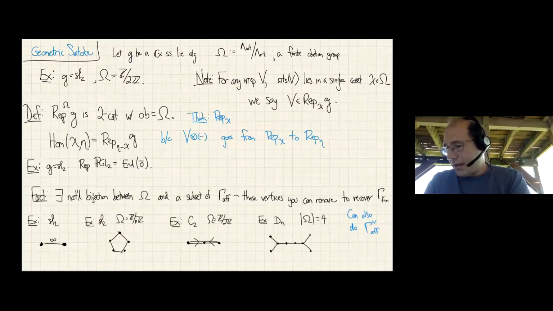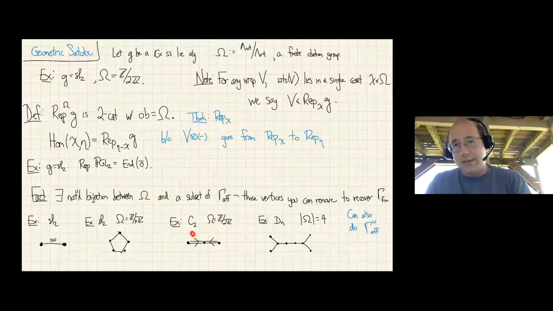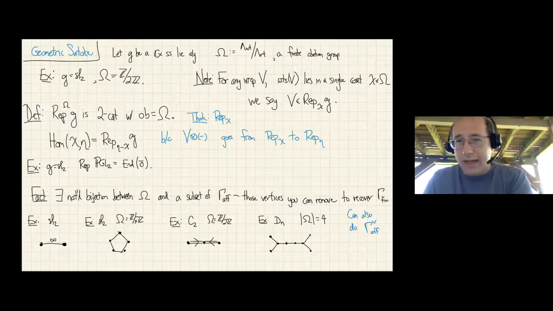For type C2, the affine Dynkin diagram looks like this, and you can remove either of the outsides, but not the one in the middle. That gives you a finite diagram, but not C2. And in type DN, you could remove any of the 4 outside pieces. To get the actual bijection, you can think that one of these is the affine node, and that corresponds to the trivial representation, or the 0 weight, which is the 0 element of Omega.